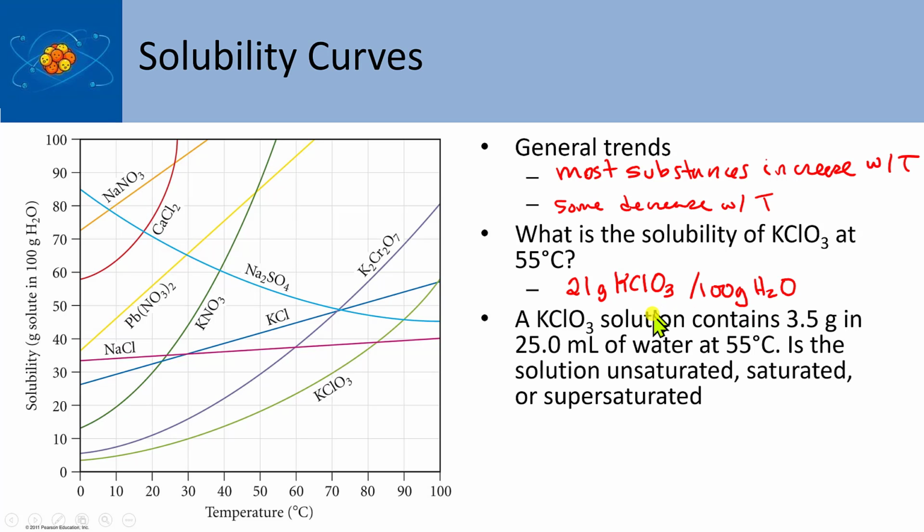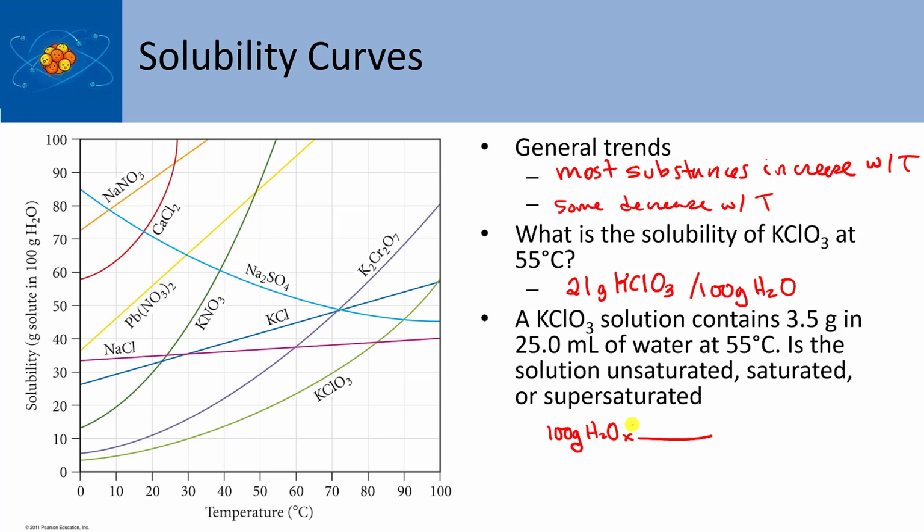Now here's the next question. A KClO3 potassium chlorate solution contains 3.5 grams in 25 milliliters of water at 55 degrees Celsius. Is the solution unsaturated, saturated, or supersaturated? To figure that out, we have to convert this to per 100 grams of water.